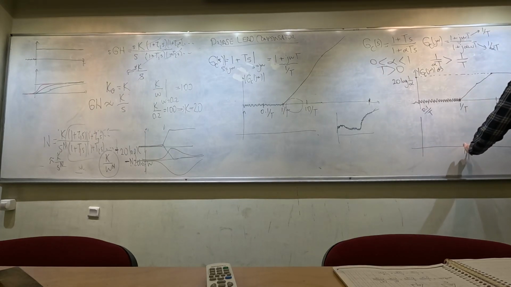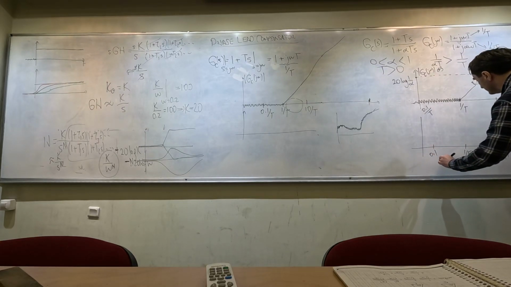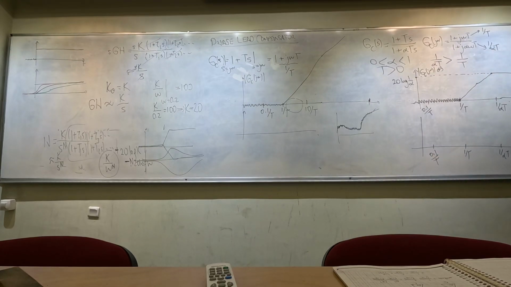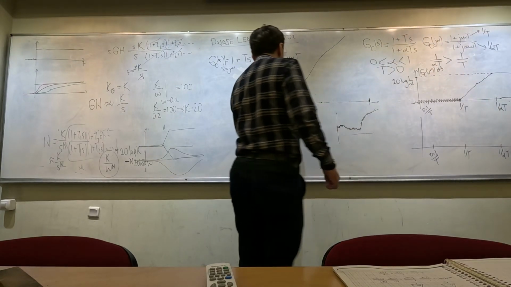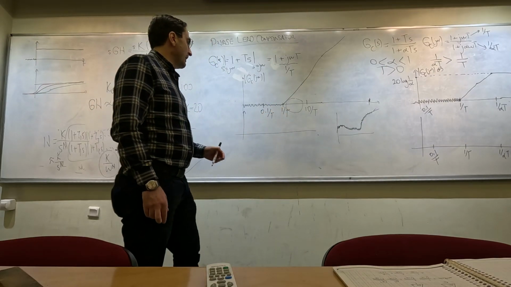Now let us look at the phase of this thing. So I have 1 over T, 1 over alpha T, 10 over alpha T, and 0.1 over T. If I was doing the same thing for the PD controller, what would be the phase?